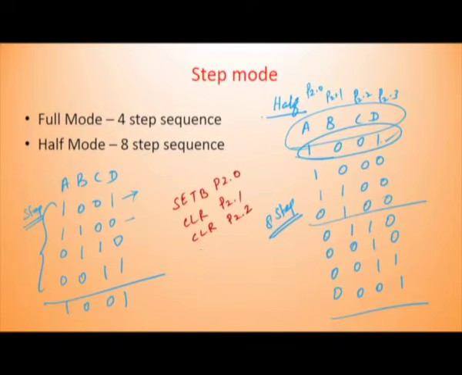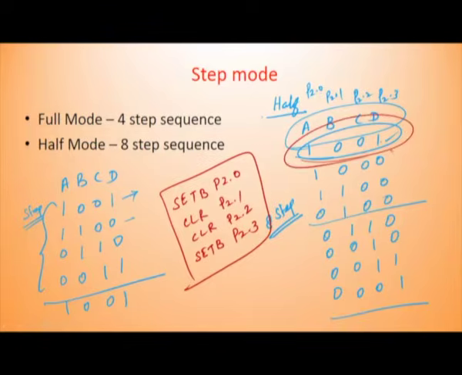The last one is the D signal which is connected with port 2.3 as 1, so set bit port 2.3. Okay. So, by giving these 4 instructions, these 4 coils are activated, right. Then we have to rotate the positions. Once the initial value is initialized, then you can simply give the rotate operation to complete it.